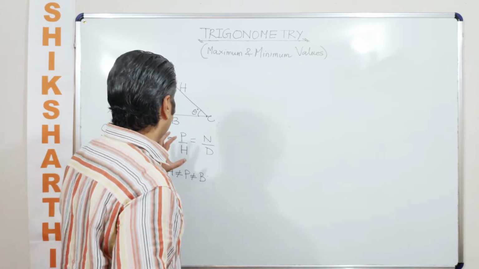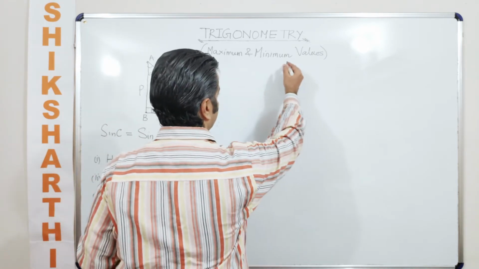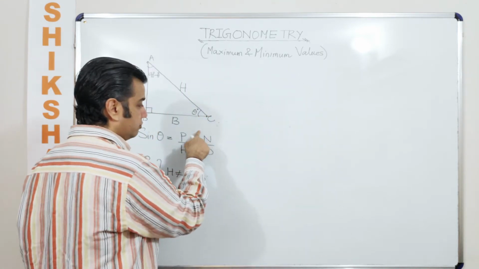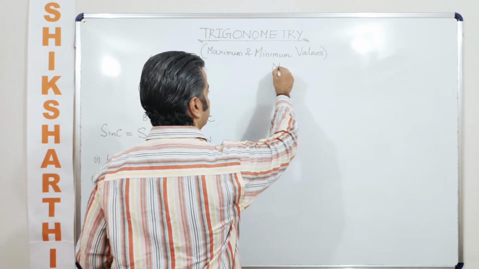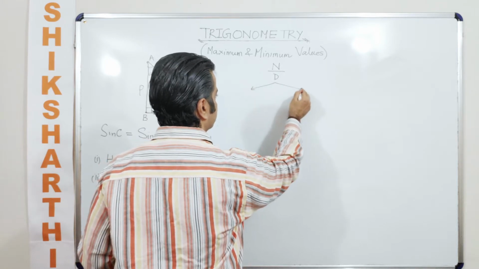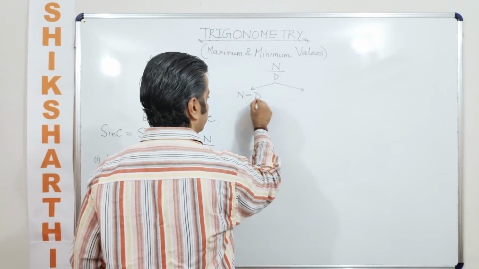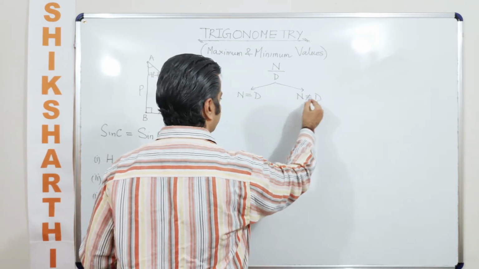Let us see what we can divide this fraction into. A numerator upon a denominator can be broadly divided into two parts. One is the numerator is equal to the denominator. Second is the numerator is not equal to the denominator.